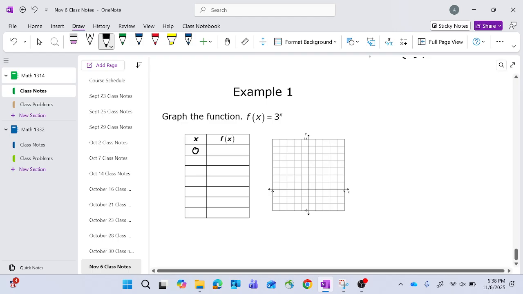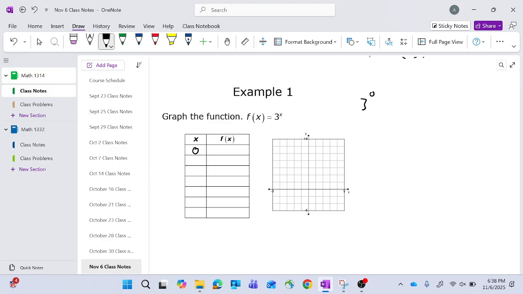And do y'all know that 3 to the power of 0, or anything to the power of 0, is always 1, right? Anything other than 0 to the power of 0 is always 1. So 3 to the 0, well, that's just 1. When x is 1, you have 3 to the power of 1, which is just 3. If you have 2, 3 squared is 9.